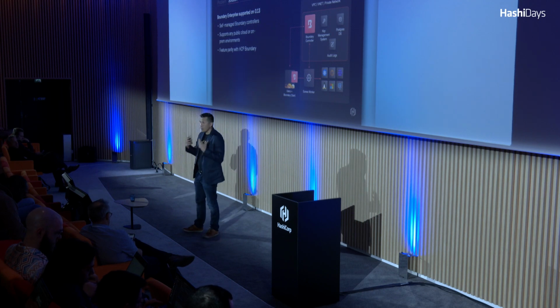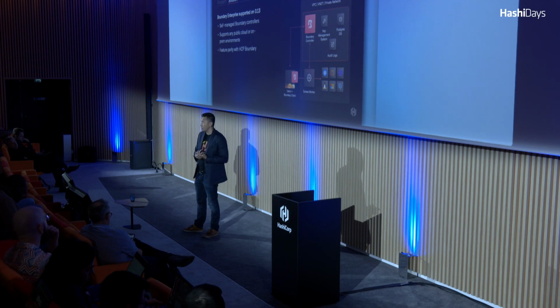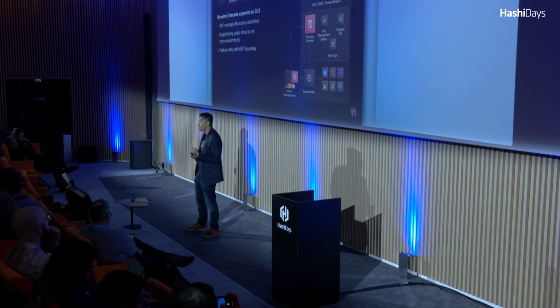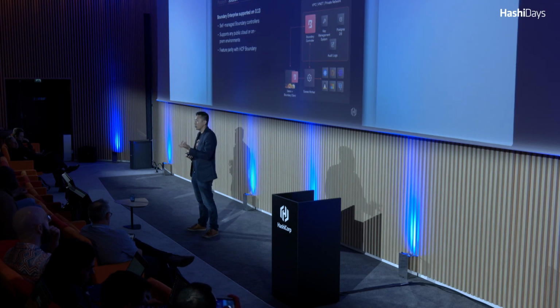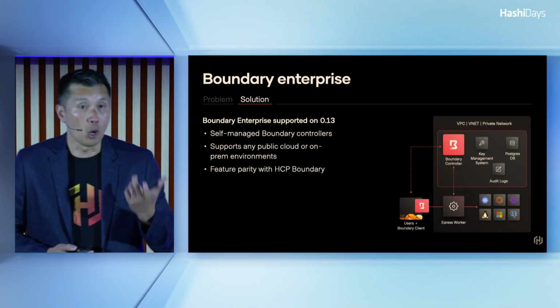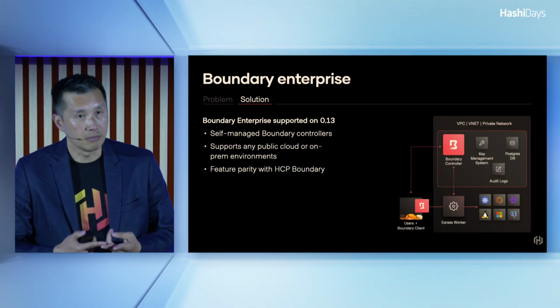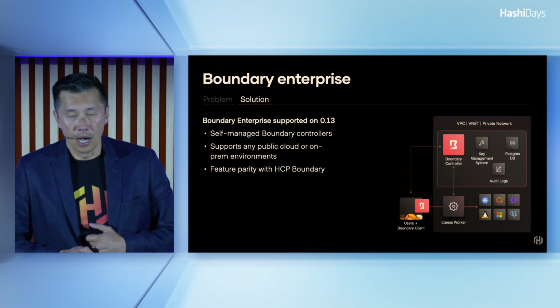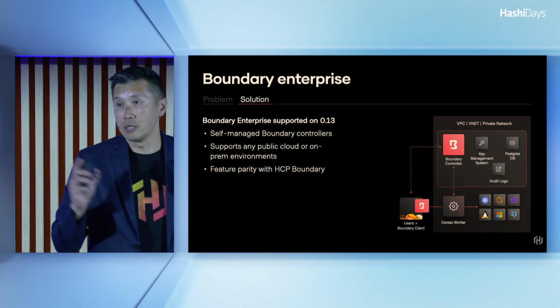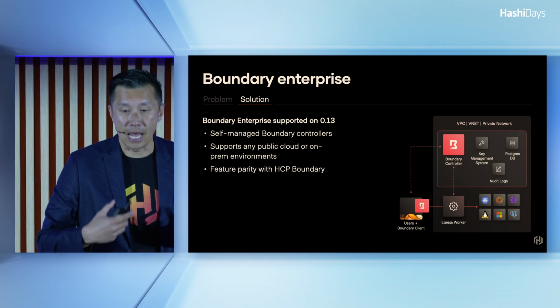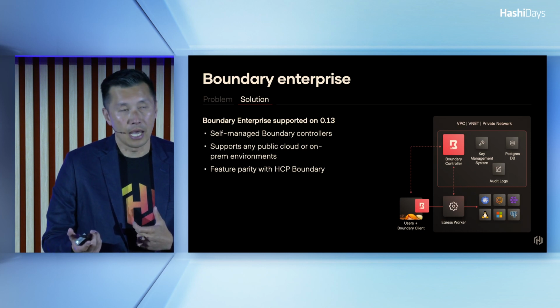So Boundary Enterprise is supported on any platform, which is agnostic to the underlying infrastructure. It could be any public cloud, any private cloud. It doesn't really matter. It's really whatever can install the Go binaries, VMs, containers, right? Things like that. In terms of features, there is complete parity between HTTP Boundary and Boundary Enterprise.